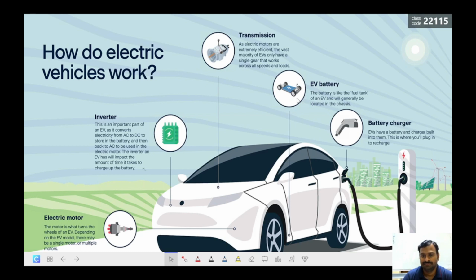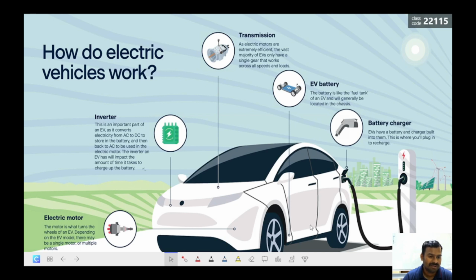And sometimes we have a fuel tank, like a fuel cell, or if it is a pure electrical vehicle, we have a battery alone. The energy coming through the charging unit will be stored in the battery unit. When you want to run the car and you start the vehicle, the power from the battery goes through the inverter, which is the device that converts the DC supply from the battery into AC supply.